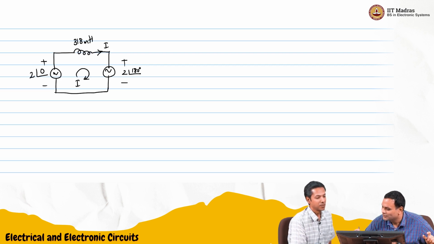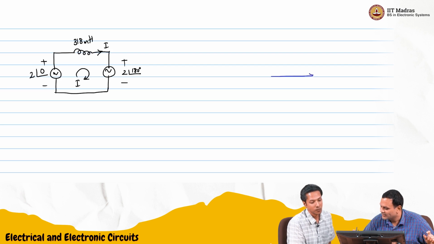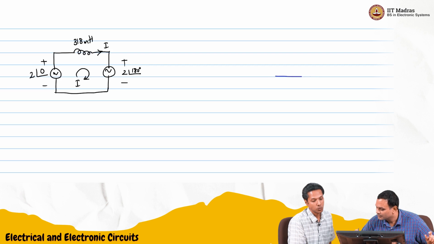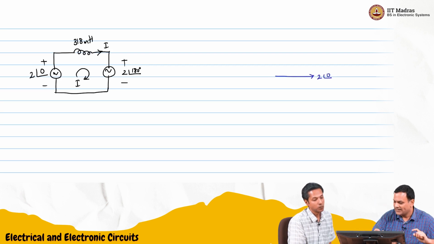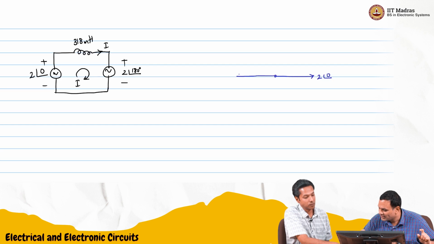But I think maybe we should draw the phasors, because that will be useful for them. This phasor analysis also is useful. So let me make it a little bit shorter. This is 2 angle 0, and the second voltage is 2 angle 180. So this will be exactly the same length but on the opposite side.